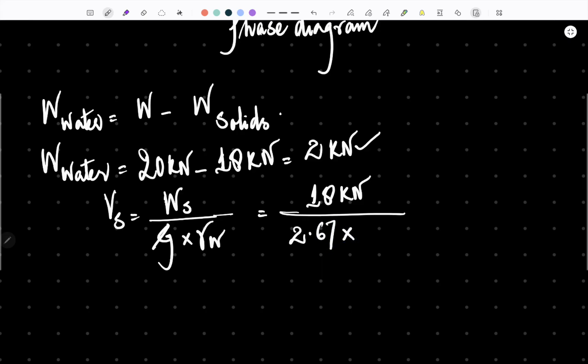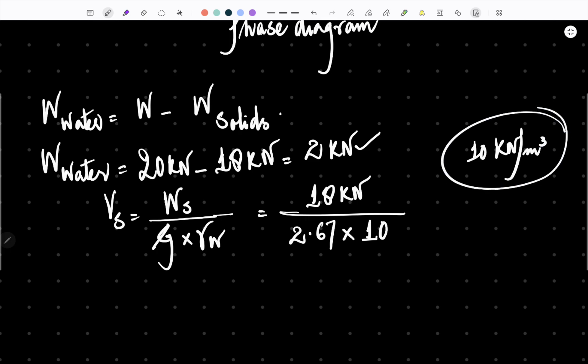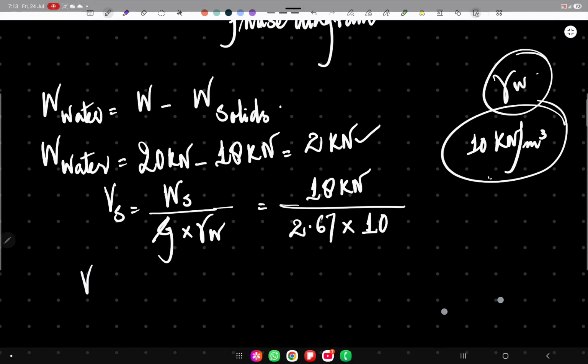We know that the density of water is 10 kilonewton per cubic meter. This is the density of the water. So after substituting the value, which is equal to 10 kilonewton per cubic meter, I'll be finding the volume of solids.